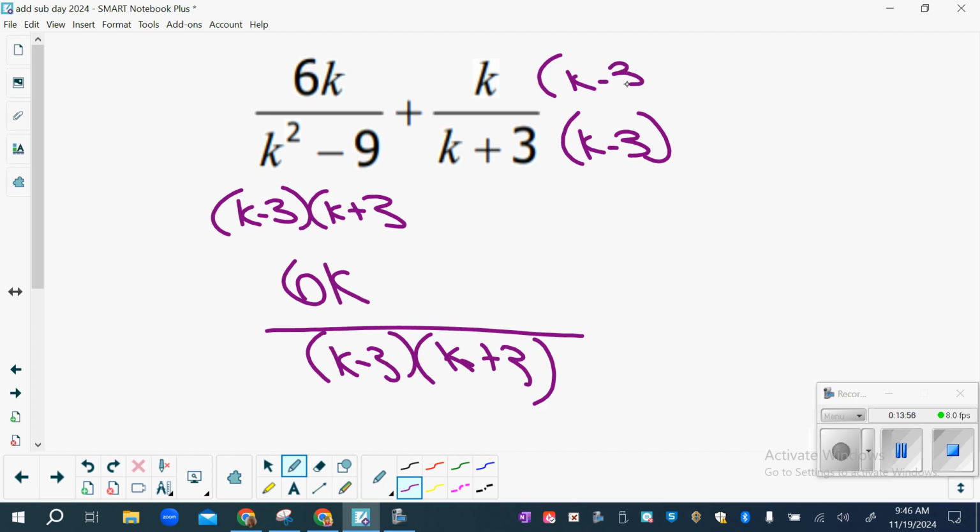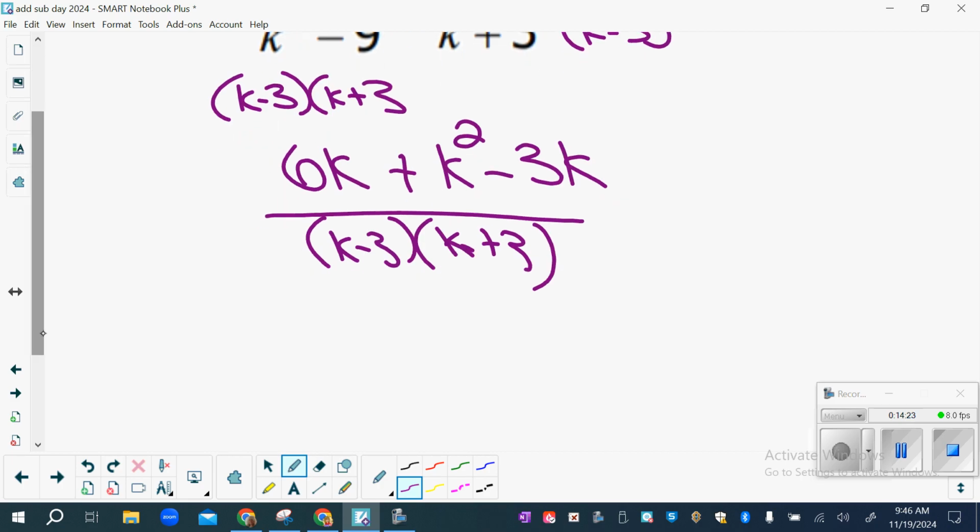K minus 3 plus K squared minus 3K. Clean up the top, everybody. Put it in the right order. K squared plus blank K. We got to clean that top up first, and then we factor, cancel, squish. So we combine like terms, factor, cancel, squish.